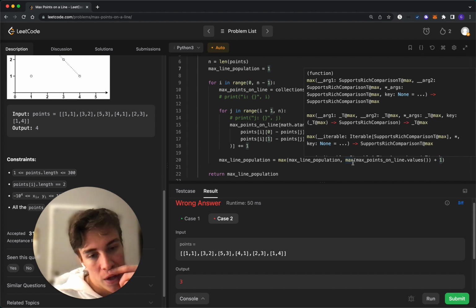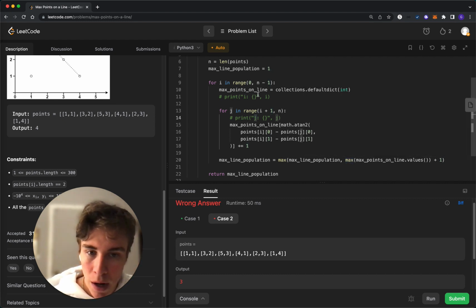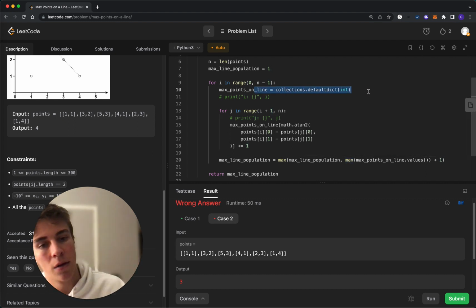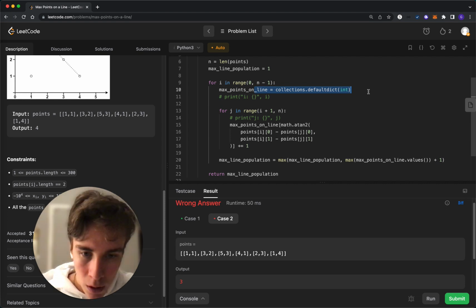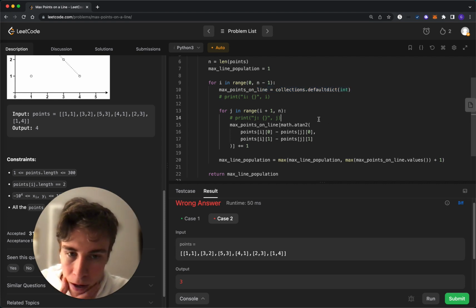I'm overshooting it because I'm comparing it 3 times, but I am also resetting it. Let me check. Yeah, I'm resetting it here.